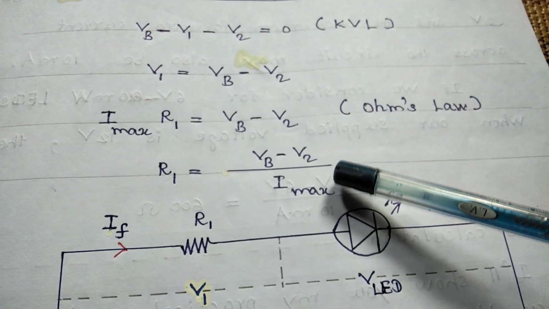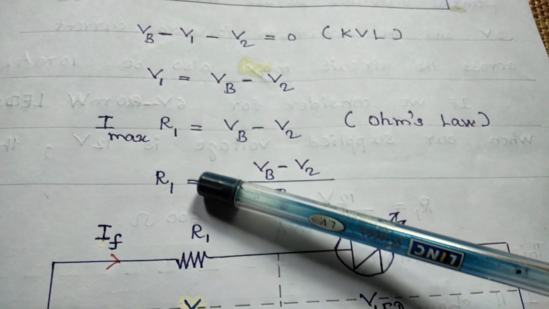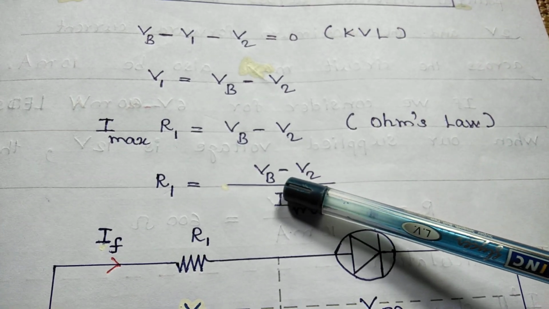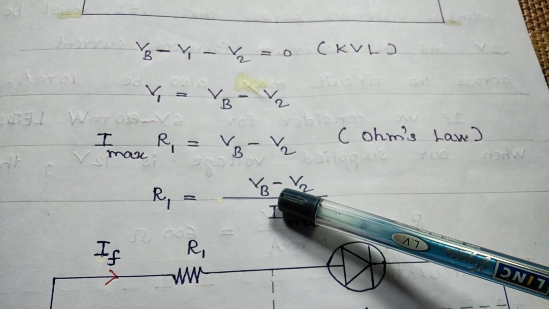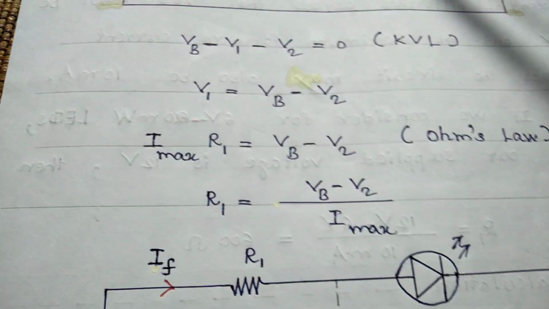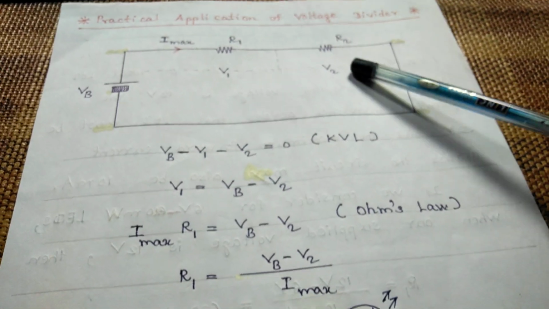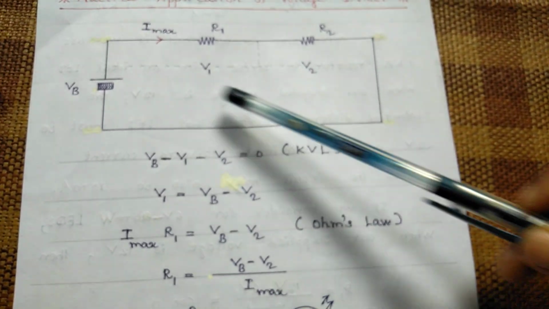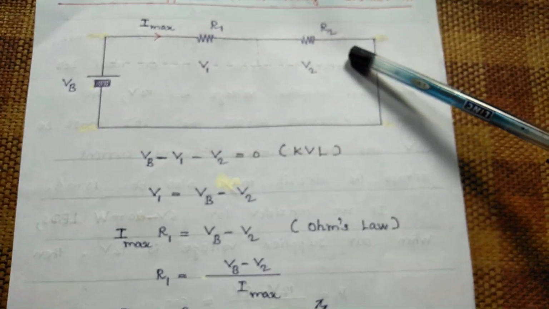Here R1 is the resistance of the first resistor, VB is our power supply, the voltage of the battery, V2 is the potential difference across the second resistor R2, and Imax is the maximum current passing through this circuit.